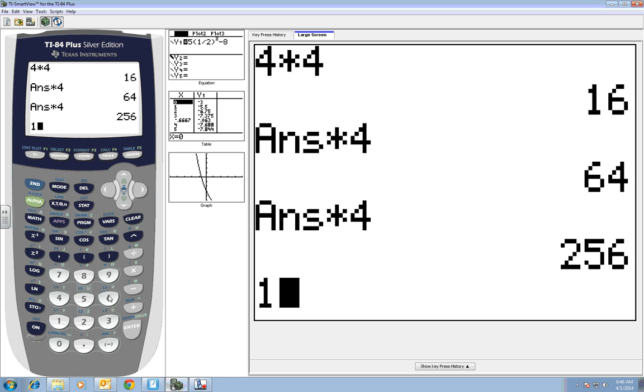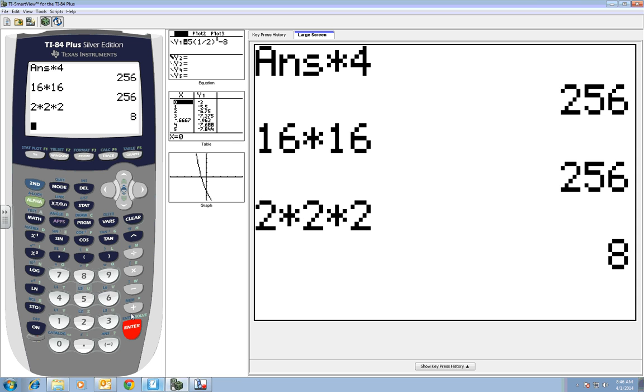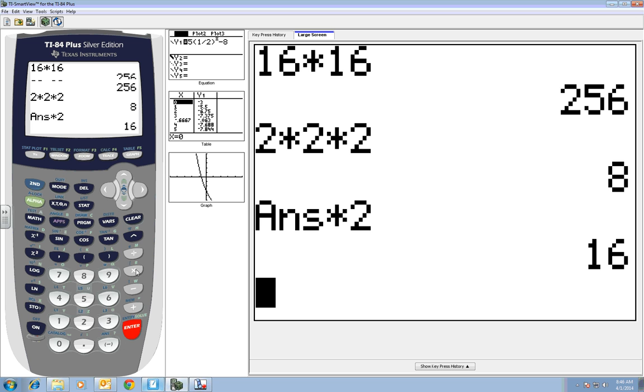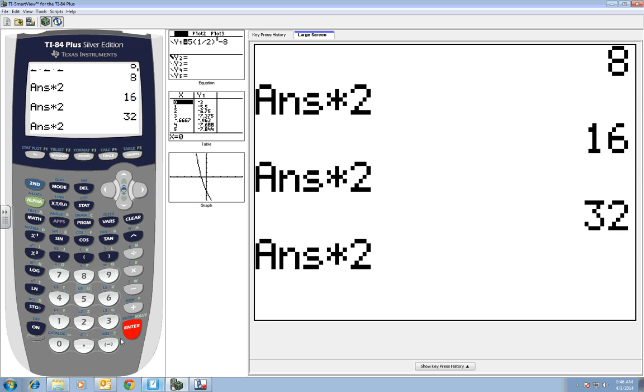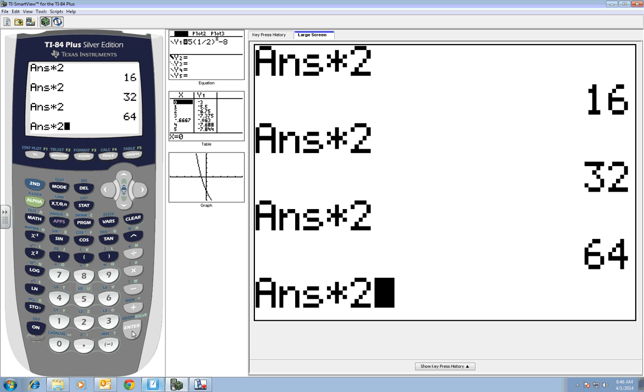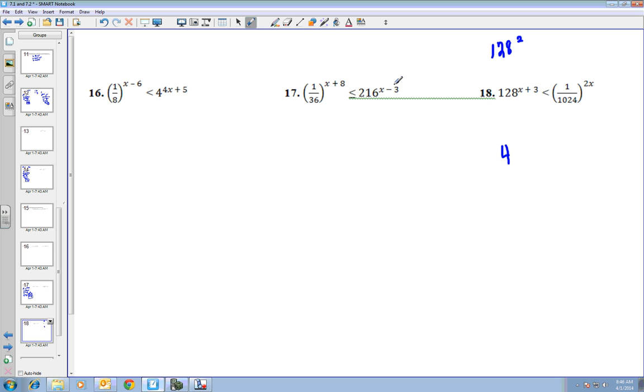Let's try it. 16 times 16 is 256, so that's too much. So I guess we'll have to use 2. 2 times 2 times 2, that's 8, times 2, times 2, times 2, times 2, 128. So my base is going to be 2.